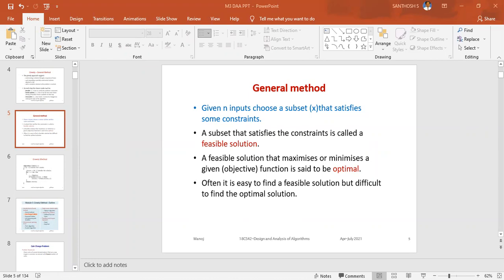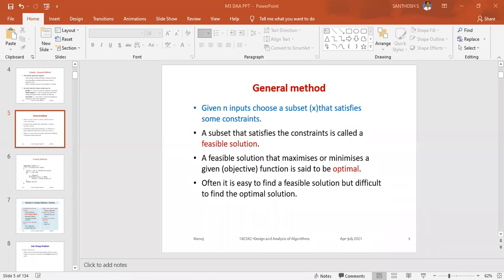For each subset, you will have one feasible solution.